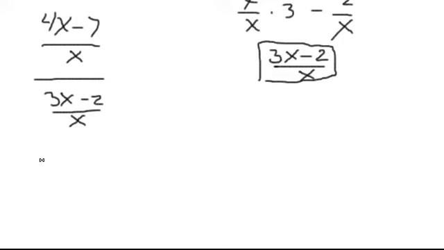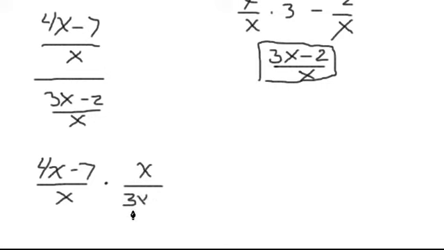Okay, so we rewrite this as 4x minus 7 over x times, and remember we're going to flip this guy here, so this becomes x over 3x minus 2. So now as you can see, we can cancel out these two x's.